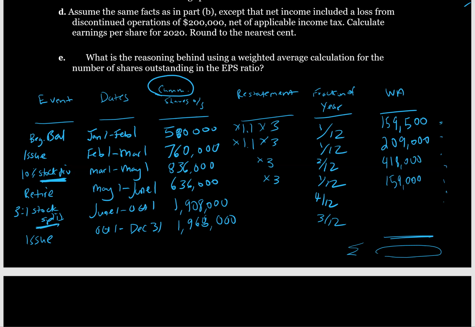And 1.9 million times 4/12 is going to give us 636,000. And 1.968 million times 3/12 is going to give us 492,000.